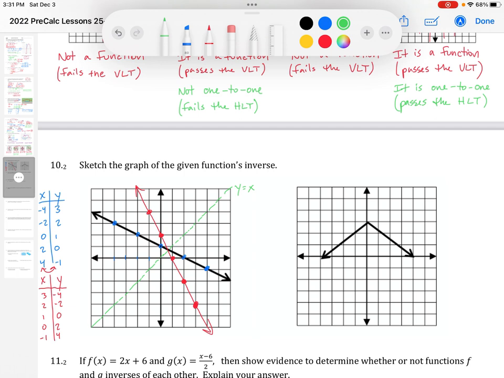Okay, in this next one, notice if I draw in a horizontal line, it's not going through once, it's going through twice. So I don't even really need to answer this question. I should still write an explanation. So this is not a one-to-one function.